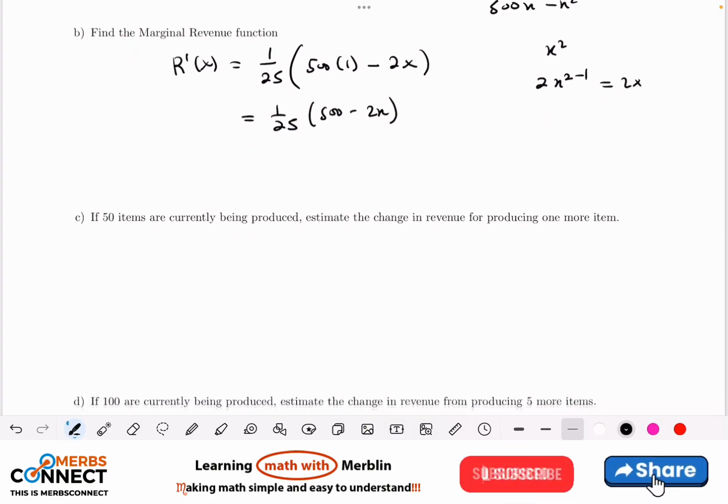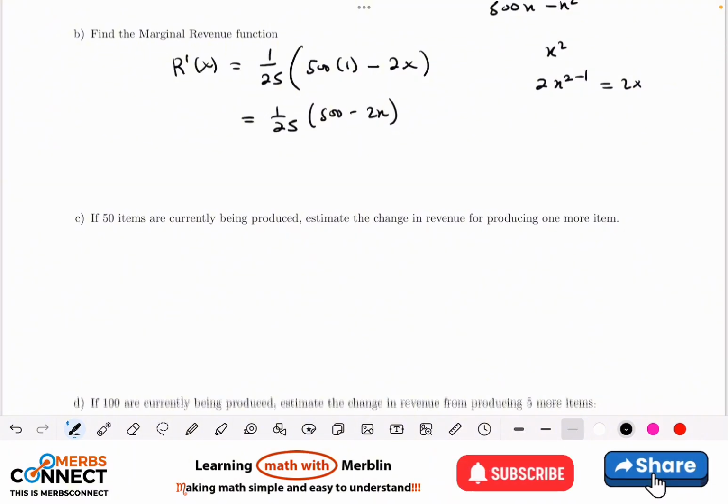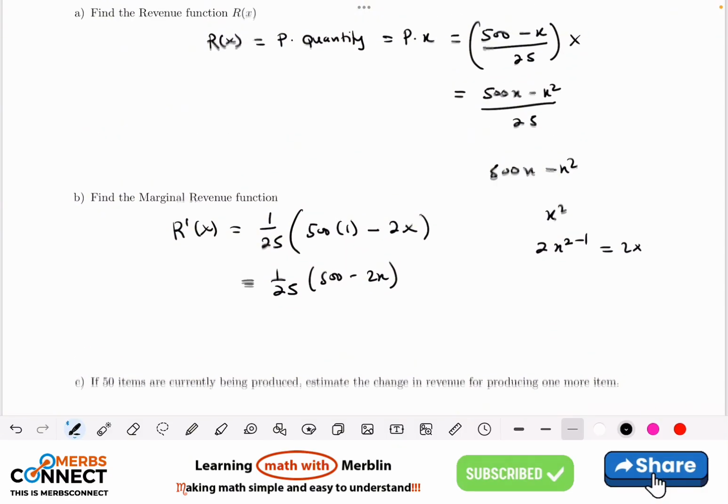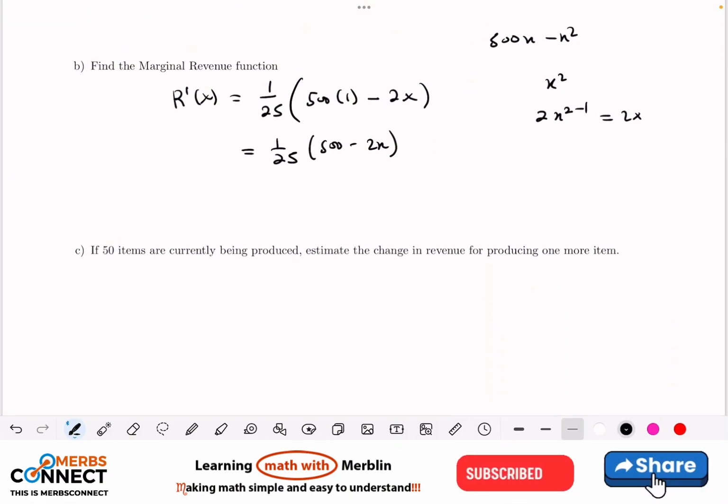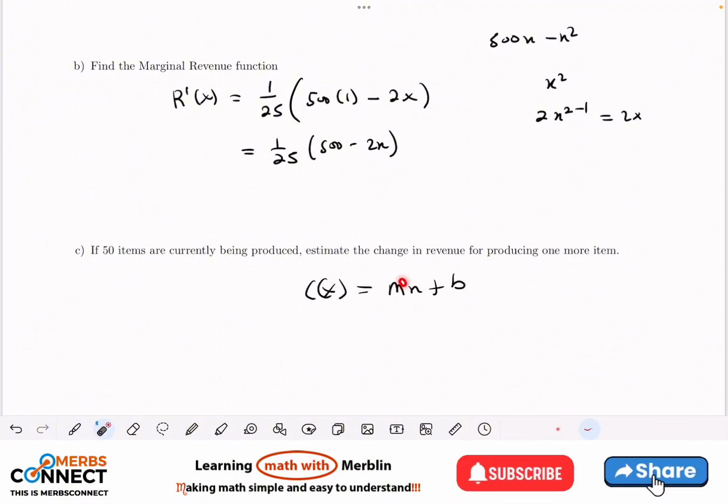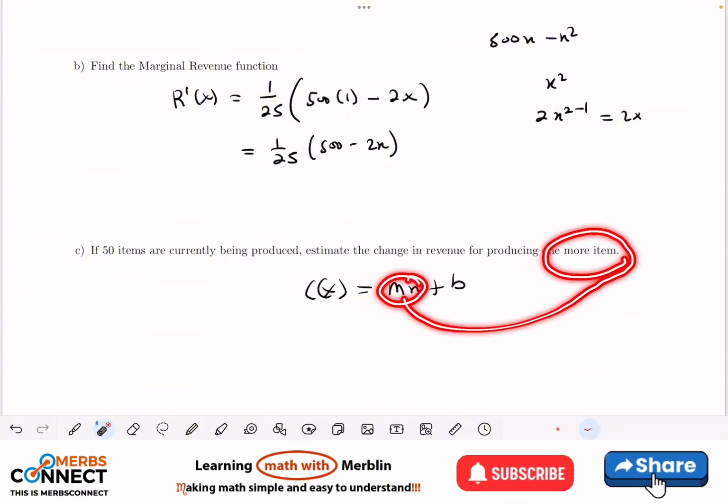If 20 items are currently being produced, estimate the change in revenue for producing one more item. So don't forget, when we talk about the marginal cost function, which is equal to mx plus b, the m here is the what? It is the marginal cost, or the variable cost, which depends on x, any change that is going to happen, right?